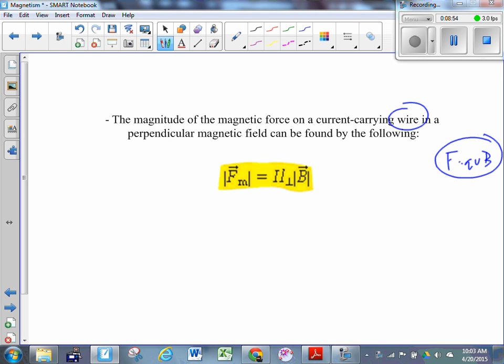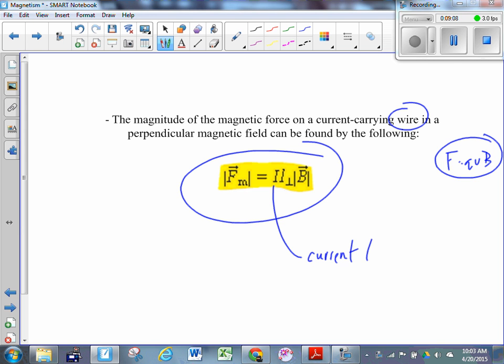If you want to find the force on the particle in the wire or not in the wire, it's QVB. But the force on the wire is ILB. I is going to stand for the electric current in amps. That's why we just spent a few minutes going over electric current, because you're going to need it in this equation. You might even need to find the value of electric current using Q over T, or you might be given the value of the current already.